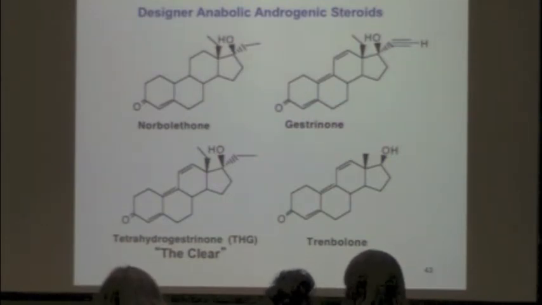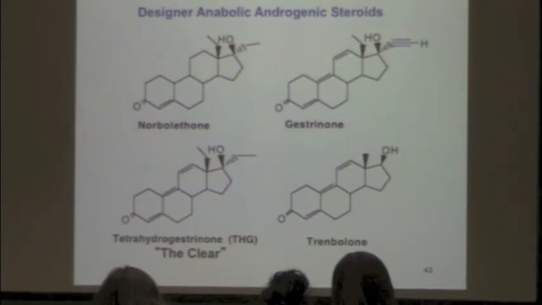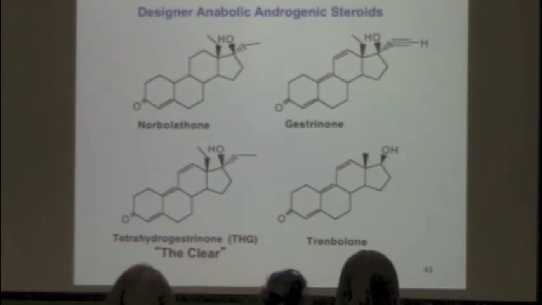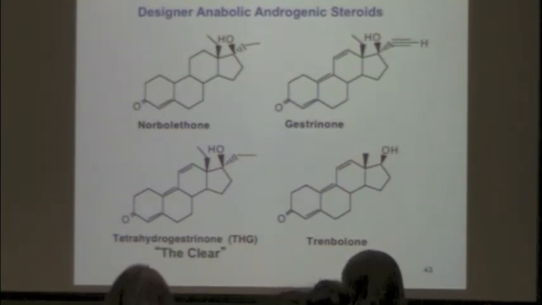They're made in somebody's lab, a new compound that had never been described in the literature, so it would never be detected. Now, of course, the labs are wise to these compounds that you see here. The one I show there on the bottom left, tetrahydrogestrinone, THG, sometimes called the clear. This is the stuff that they found in Barry Bonds.